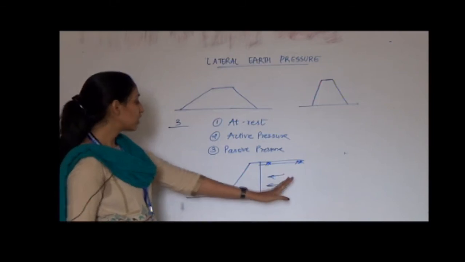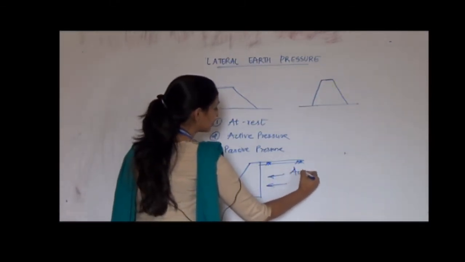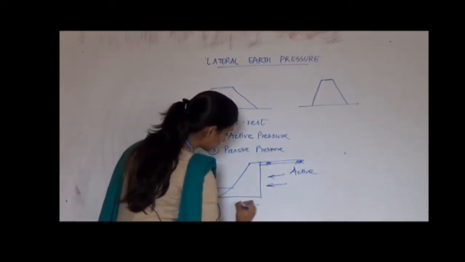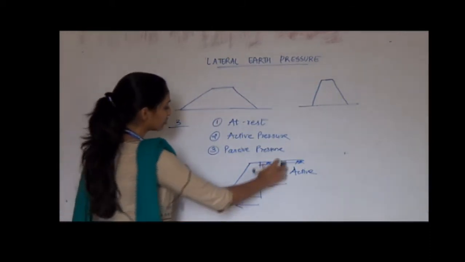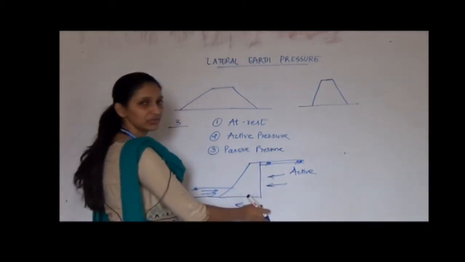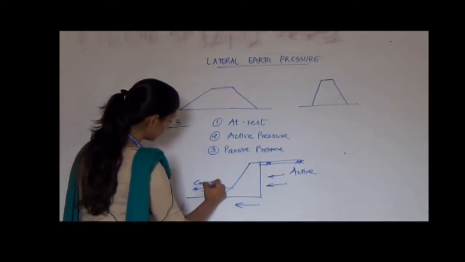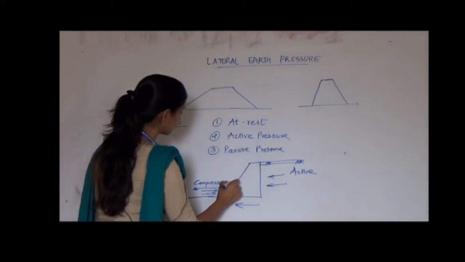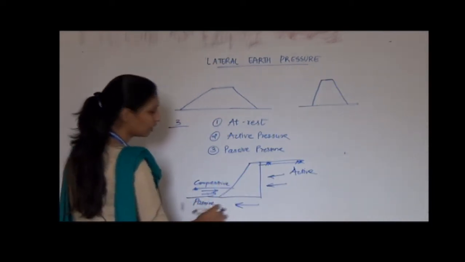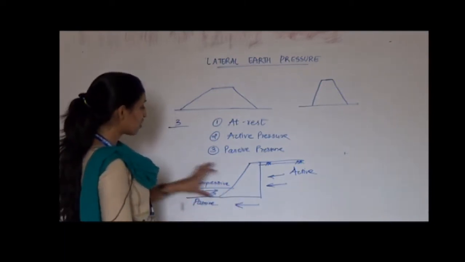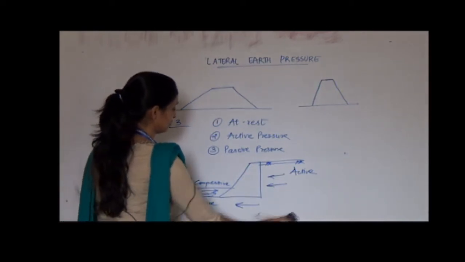The soil mass on the right hand side of the wall exerts active earth pressure as the wall is moving away, with the wall movement towards the left side. The soil on the other side is being compressed, and therefore exerts passive earth pressure on the wall. So this is a common example where we can see both active and passive earth pressure.